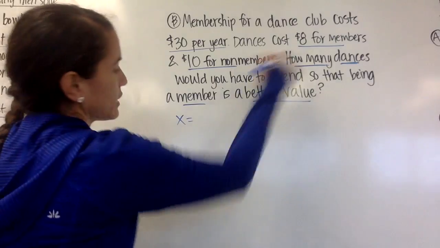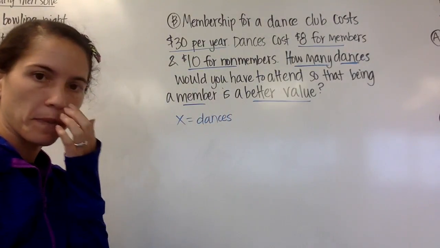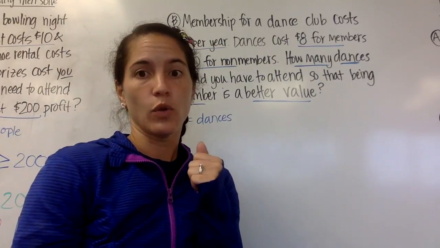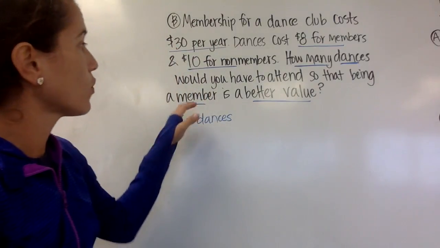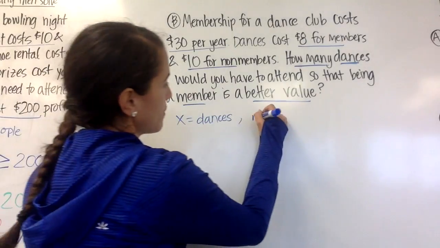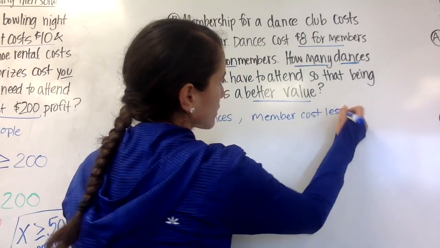For this one, how many dances? So x is going to be the number of dances. And then how do you decide if something is a better value? Well, the way you find out is, does it cost more or does it cost less? So we want to know when being a member would cost less, because that's what it's asking.